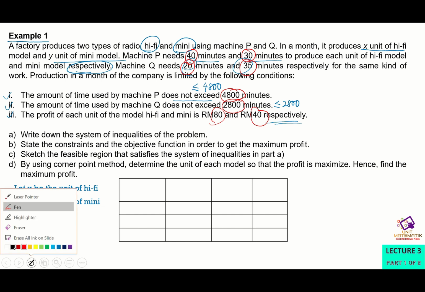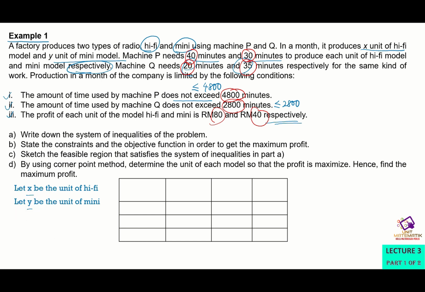So your table will be, for the column, let's write as this one is machine, and then here is hi-fi, where hi-fi is X unit. This one is mini, where mini is Y unit. Okay, and then we have machine P here, machine Q, and then we have profit.